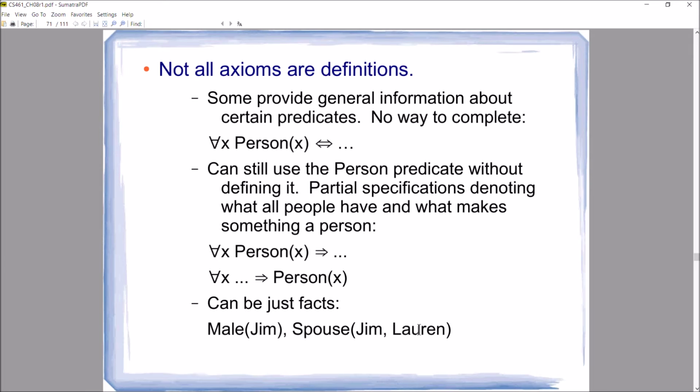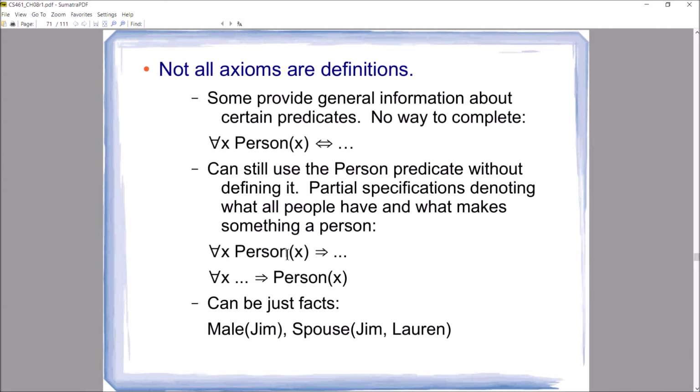Jim is the spouse of Lauren. There's no obvious way to say for all x, Person(x) if and only if what? So you can still use that person predicate even though you don't have a full definition. Having partial specifications or partial definitions can still be useful, which we'll see later on.